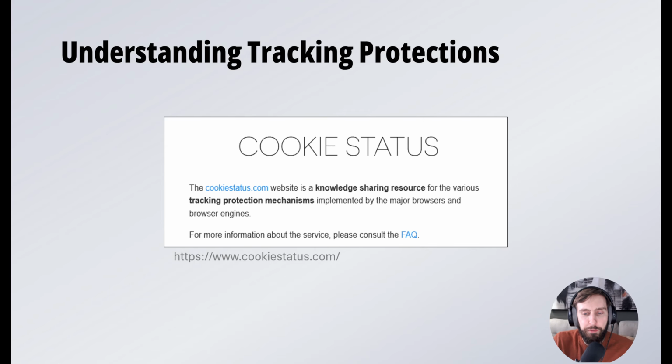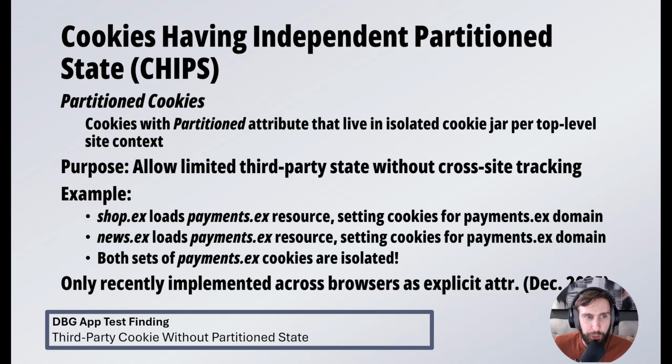You can actually view the current status of browser capabilities and protection mechanisms at cookiestatus.com, but we won't be doing a really deep dive into these mechanisms and the landscape of tracker and anti-tracker approaches. But I will mention one mechanism because it is newly implemented across all browsers, I think, as of December 2025.